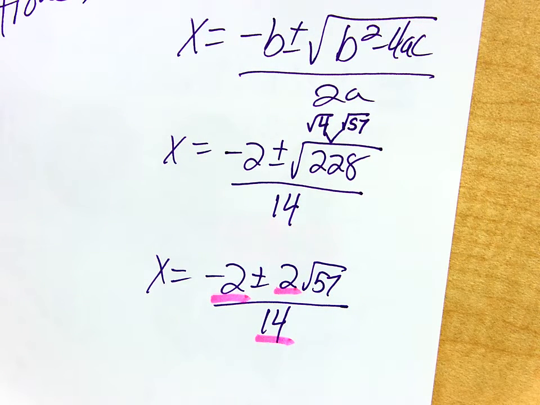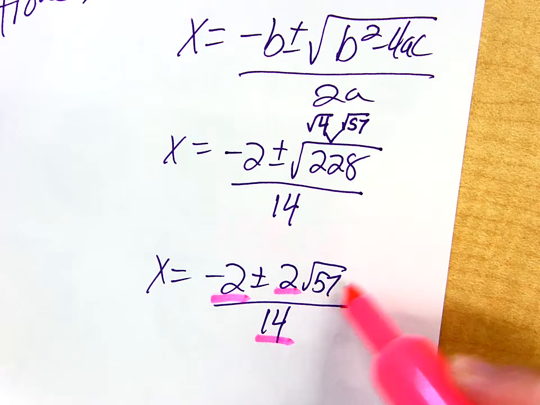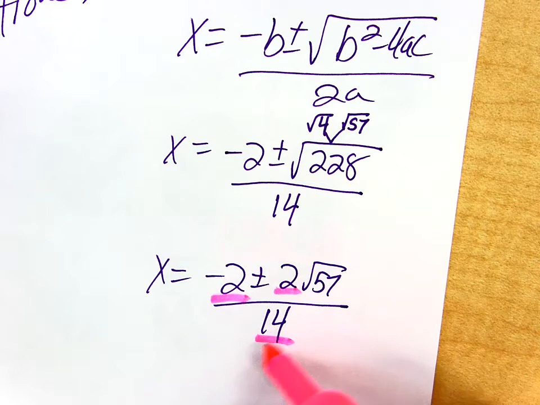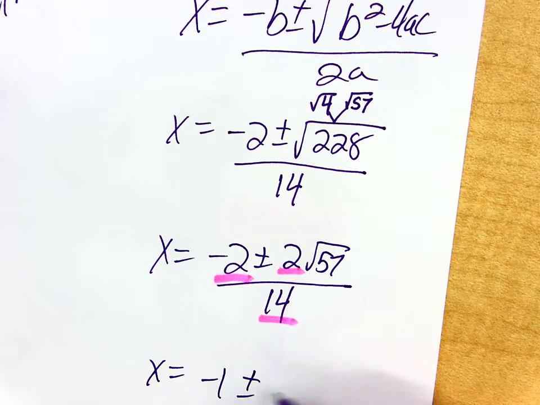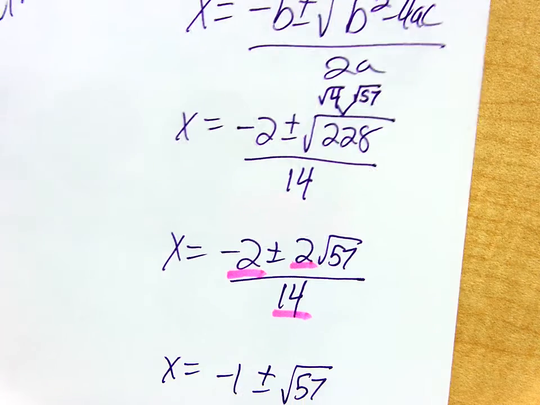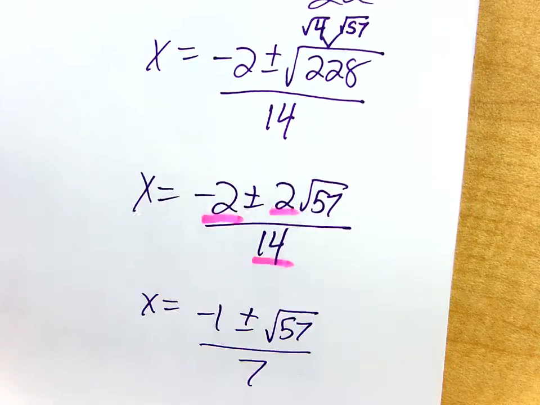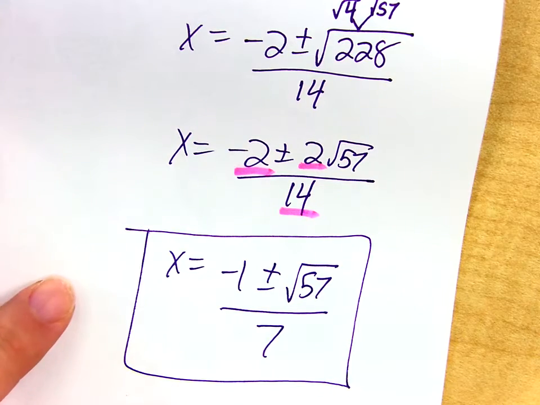All 3, not just one of them. So the 3 numbers out in front, not in the radical, have to have a common factor, and in this case they do. I can divide everybody by 2. So I'm going to get negative 1 plus minus 1 root 57, and I don't need to write the 1 in front if I don't want to, all over 7. So that is my final answer.